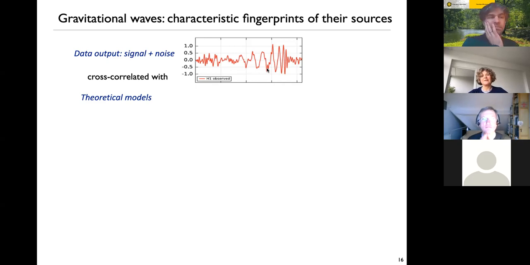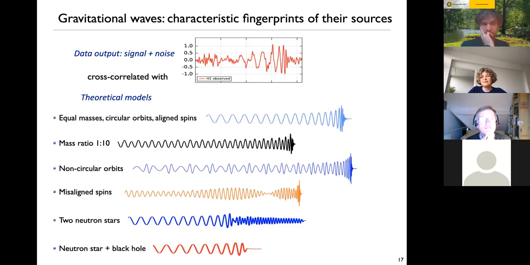The answer is that the analysis is done and information is extracted from the data by cross-correlating these detector outputs with theoretical predictions. And the theoretical predictions say that the gravitational waves are a characteristic fingerprint of their source.